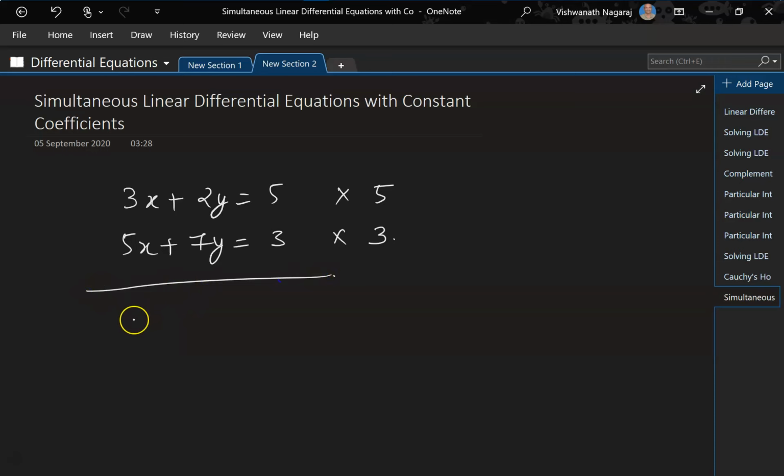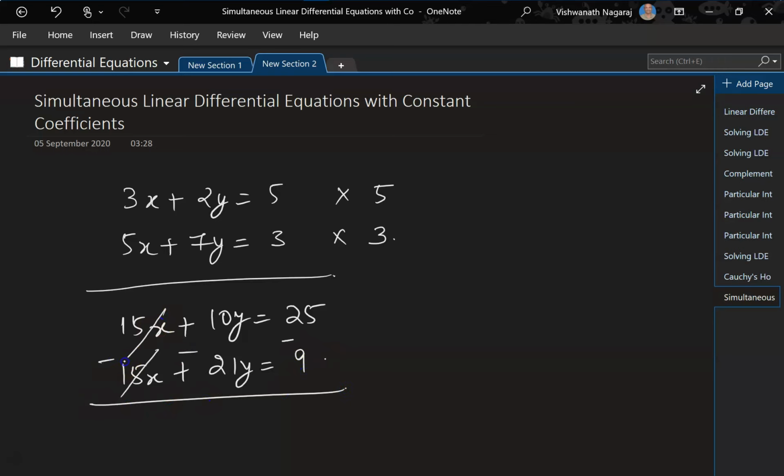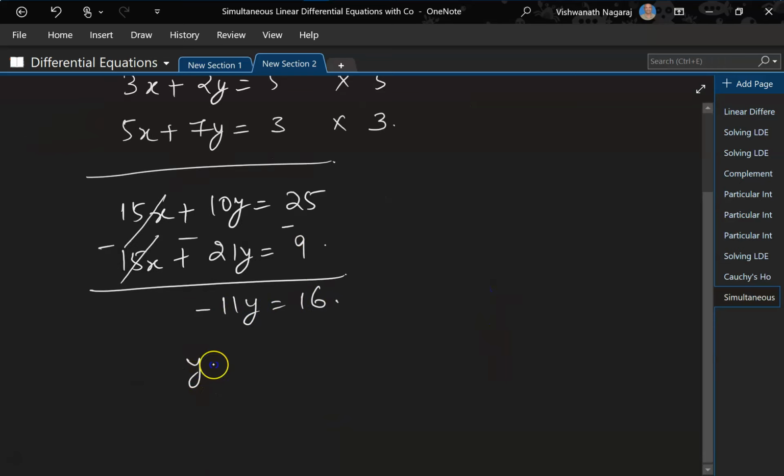If we do that, we get 15x plus 10y is equal to 25, and 15x plus 21y is equal to 9. Now we subtract. So these two get cancelled out. Minus 11y is equal to 25 minus 9, 16. So y is equal to minus 16 by 11.